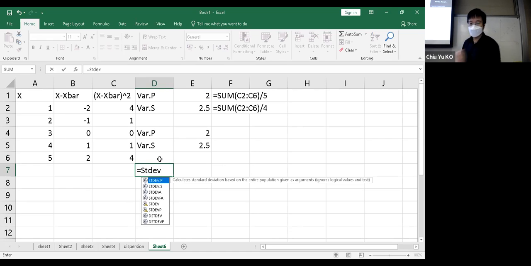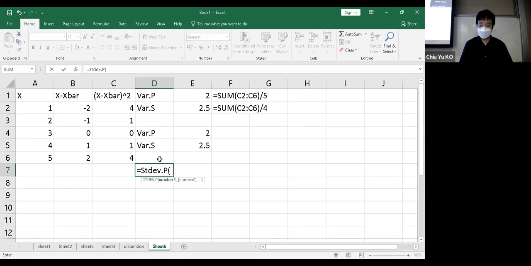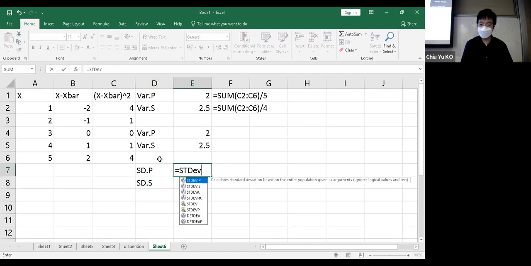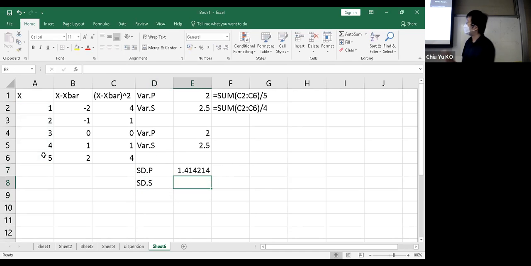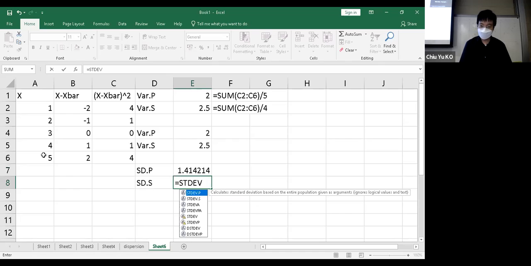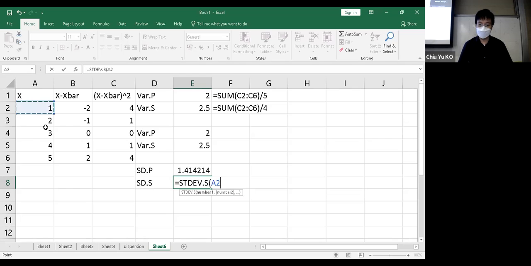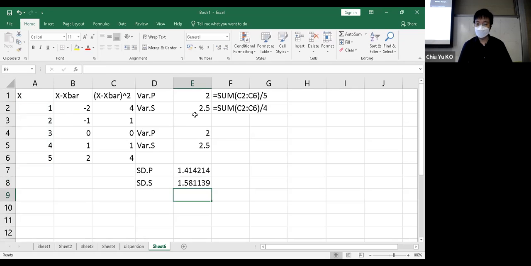Again we have P and S. If you put STDEV.P, it gives you the population standard deviation, and then you can also use STDEV.S, and the whole thing should give you the same thing.